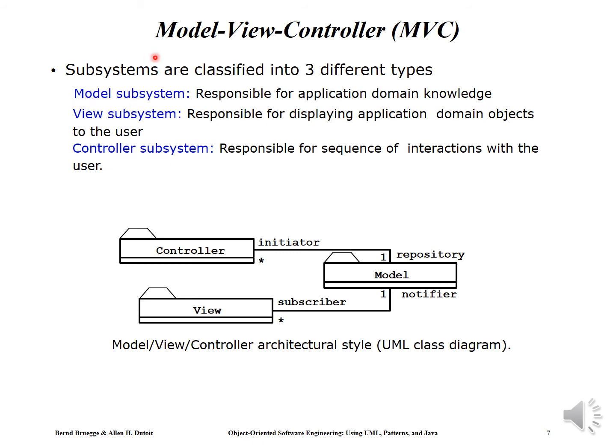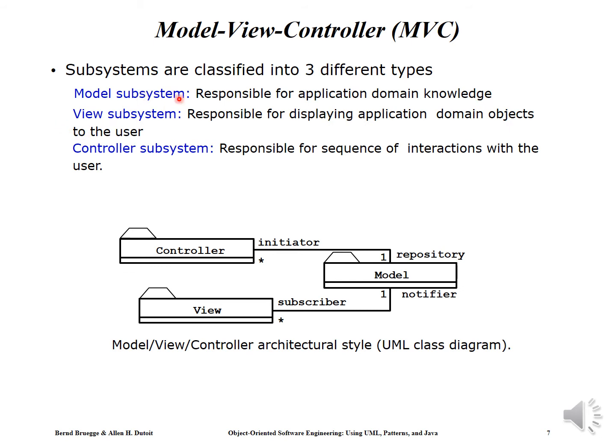A model component corresponds to all data related logic that the user works with. So it is responsible for application domain knowledge. It is responsible for all data related logic that the user works with.